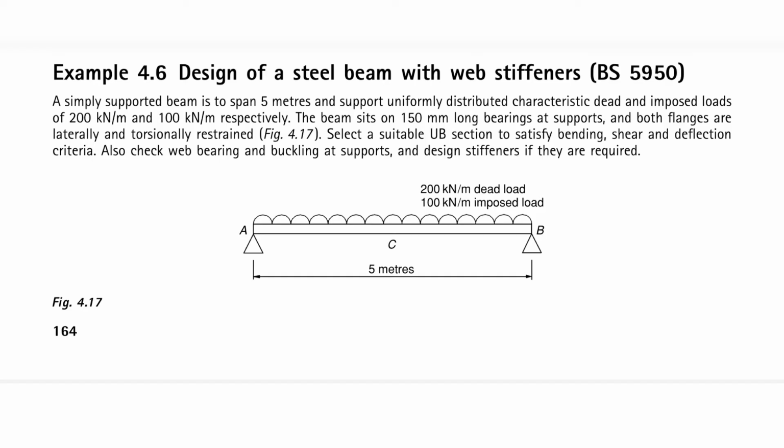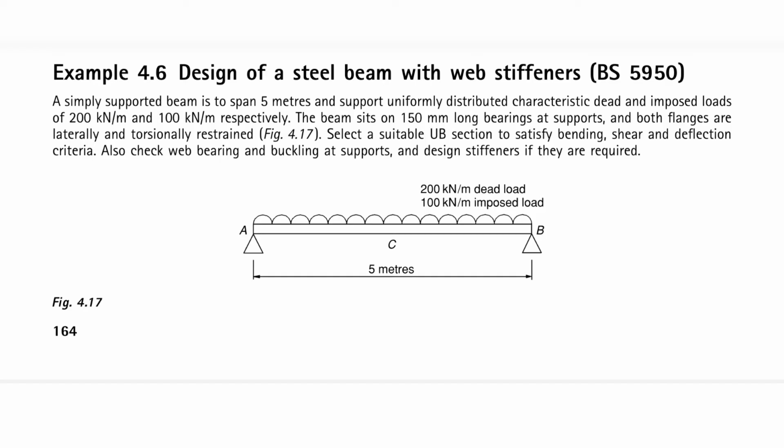A simply supported beam is to span 5 meters and support uniformly distributed characteristic dead and imposed loads of 200 kilonewtons per meter and 100 kilonewtons per meter respectively. The beam sits on 150 millimeters long bearings, 8 supports, and both flanges are laterally and torsionally restrained as shown in the figure 4.17.